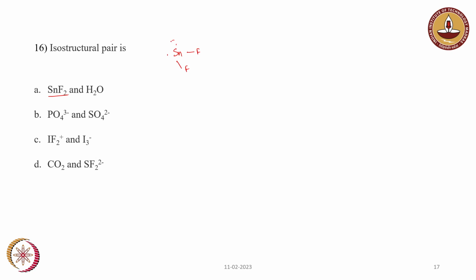So it has 1 lone pair and 2 bond pairs. So the steric number is 3 and the shape will be bent.